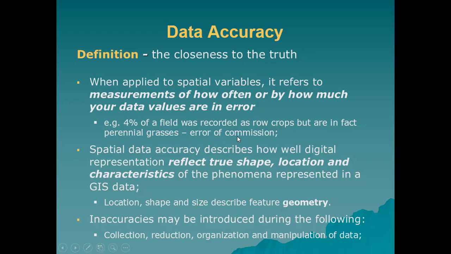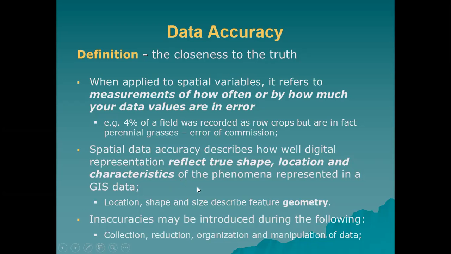So remember we talked about describing spatial accuracy in terms of your map location as well as your attribute information. So this particular example refers to your attribute error. Okay. Now, spatial data accuracy describes how well digital representation reflects the true shape of a feature, the location of a feature, and also other physical characteristics.